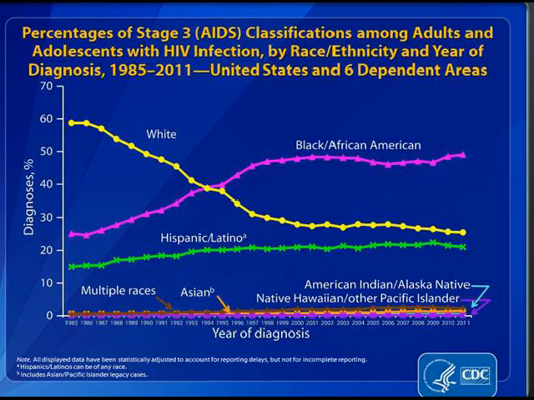And this is AIDS classification based on race and ethnicity. You can see that African Americans are more disproportionately affected by HIV and AIDS than whites or Hispanics.